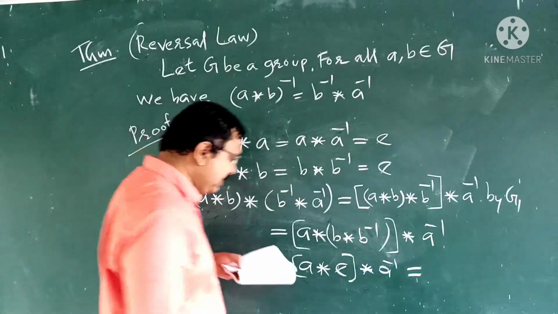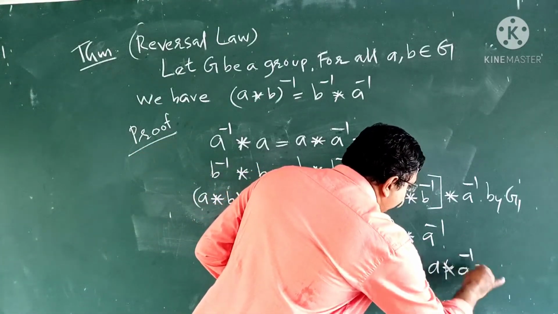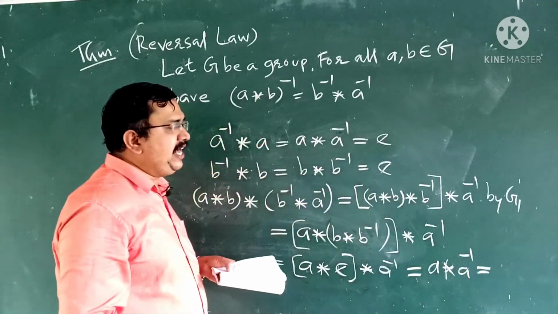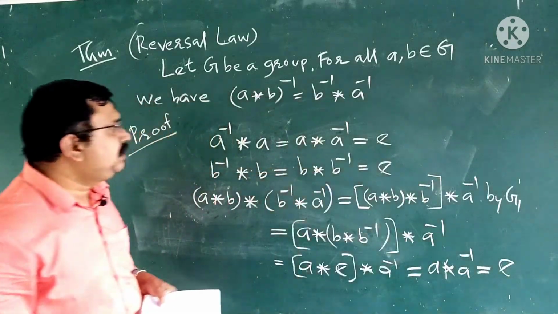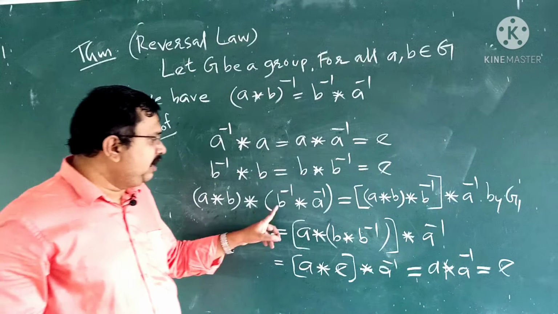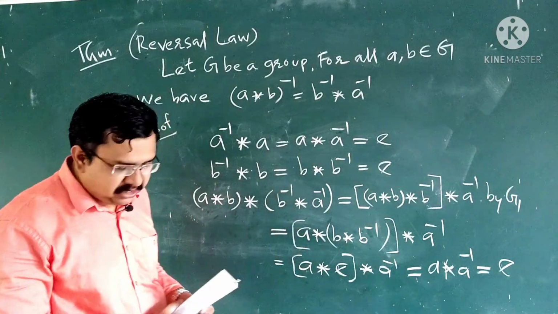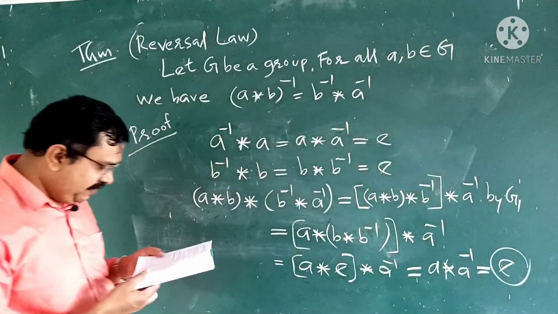A star E is A, star A inverse, that is A star A inverse, that is equal to E. Okay. Therefore, listen, we are starting from here. A star B star B inverse star A inverse is equal to E. We get the result as E.